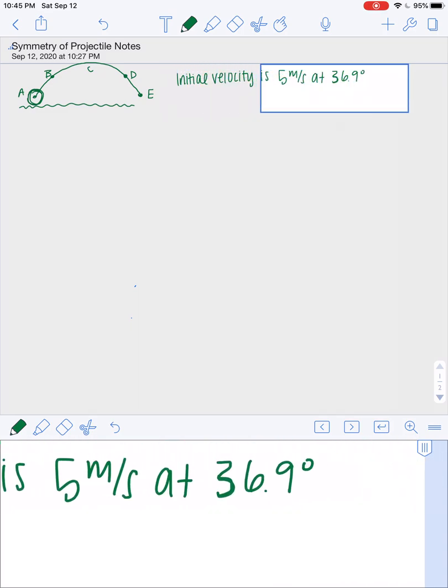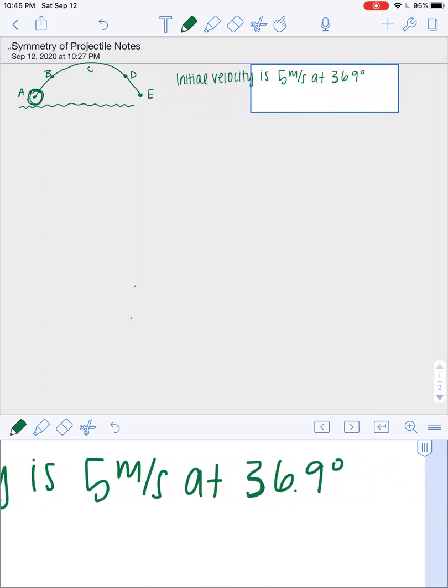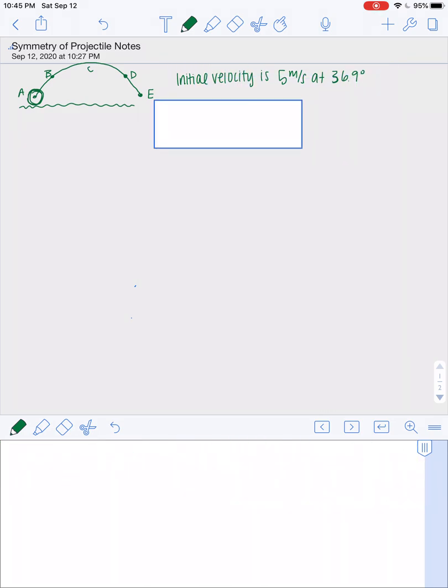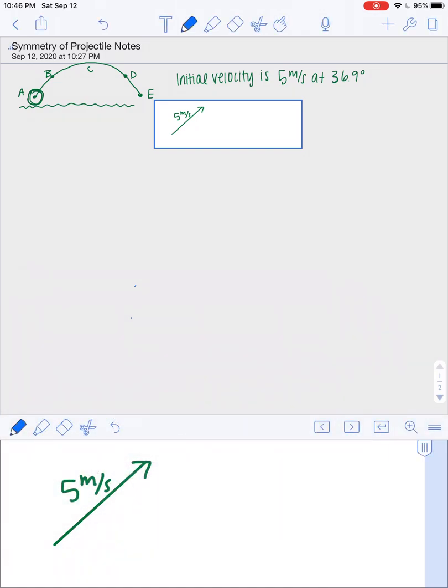So right away, when I see a velocity given to me at an angle, that tells me I need to make a vector triangle, because that is not my x velocity, that's not my component in the y direction, that is my velocity. That is how fast I am moving at that direction. So I'm going to need to figure out what my components are.